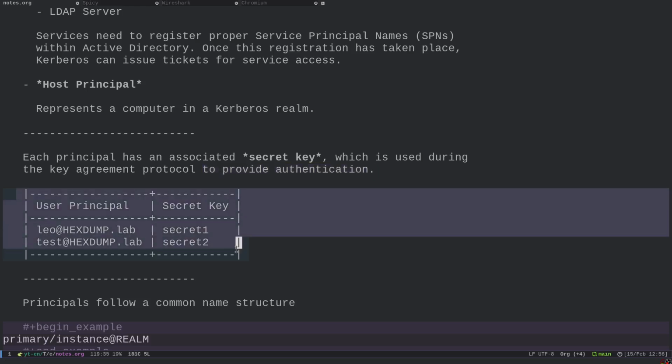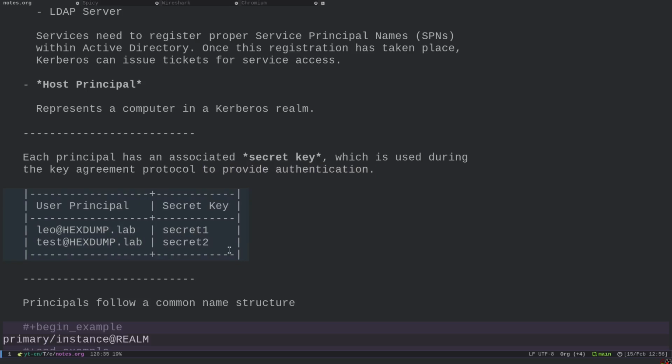How do we do that? It is because the KDC knows, for each user principal, each service principal, and each host principal, the related secret key.